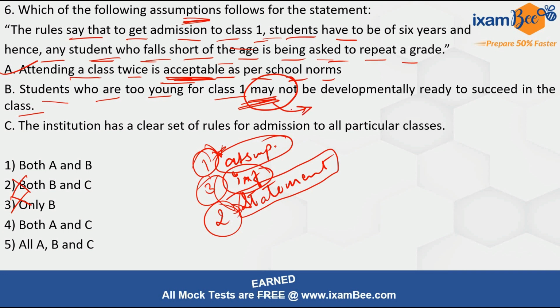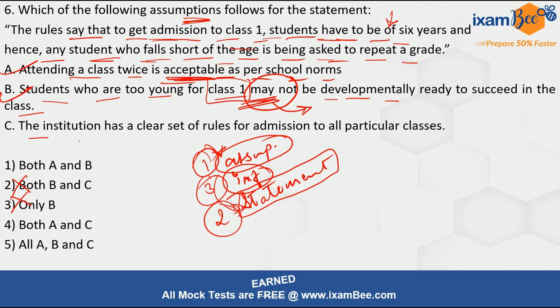So there is a possibility that this rule has come up, or this statement was made, keeping in mind that the students for class 1 who are too young may not be developmentally ready, biologically, to succeed in the class, and that is why this rule has been made. So yes, this is also an assumption that follows.